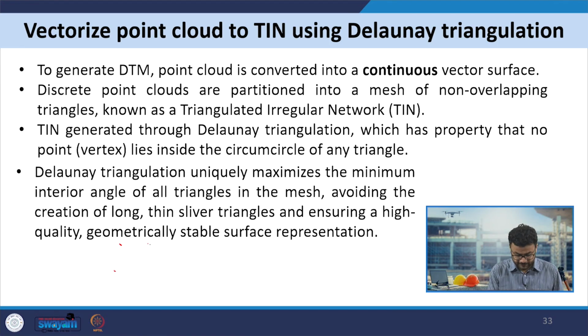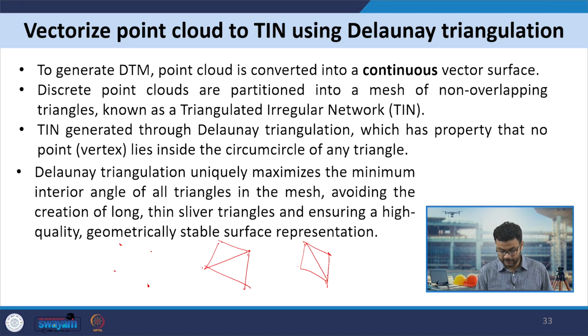So, for example, if we have these three points, we have two options to convert them into triangles. We can either make triangles like these, or we can make triangles which look like these. Then, as mentioned, the key property that we have to ensure in the generation of Delaunay triangles is that no point should lie inside the circumcircle of any triangle.